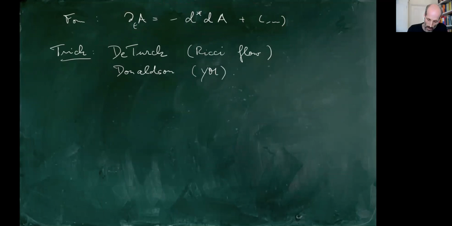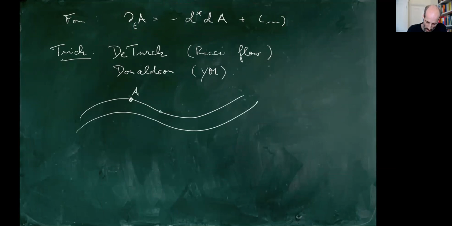So morally, what we mean is that you have these gauge orbits. So say here you have an element A, and then here you would have G acting on A. And now you have your flow that moves you on here. But now if you add a term which goes in this direction, let's just say, draw it in red, right?